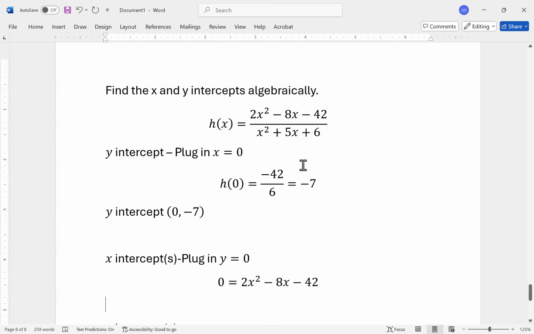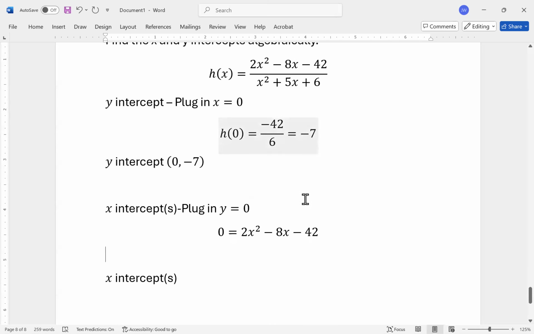And this is a quadratic equation that we can factor and solve. It turns out you can factor out a 2, then you'll be left with x squared minus 4x minus 21. And then that quadratic will factor into x plus 3 times x minus 7.